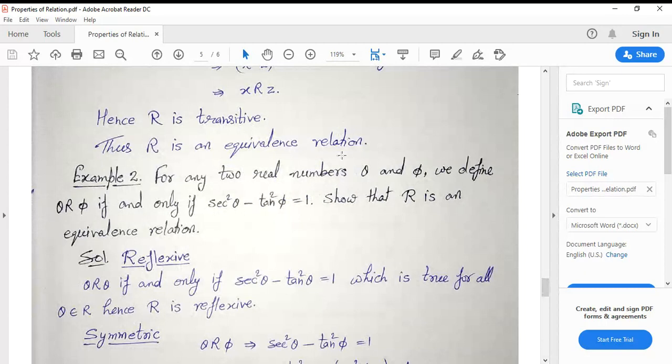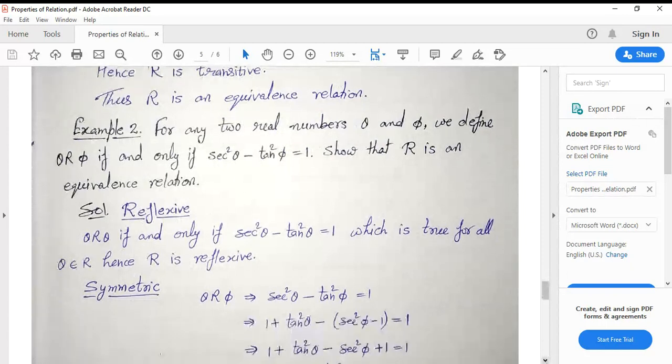So like that you have to prove whether any relation is an equivalence relation or not. So now, like that, we take the second example. Here we take two real numbers theta and phi. Here we take theta and phi because here we use angles.